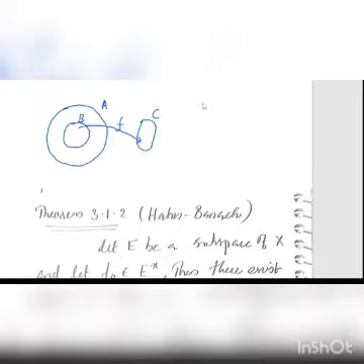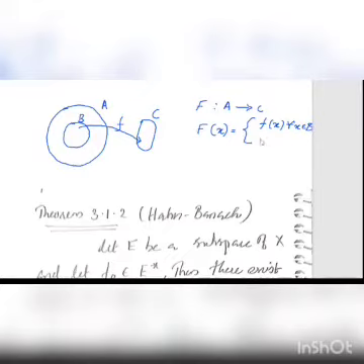Now if I can define a capital F from A to C such that F of x is equal to f of x for every x belonging to B, here I can define some other thing, like f of x plus some second function of x. The only specialty is that when you find your capital F of x, it should be the same as small f of x for every x belonging to B. That means we can extend this from the set B to A like that.